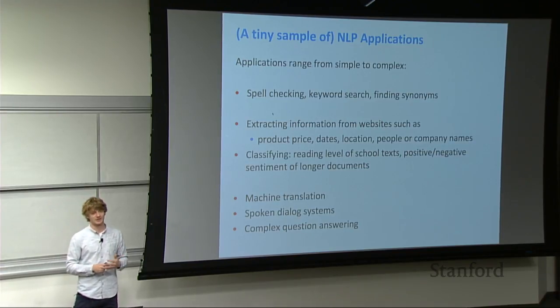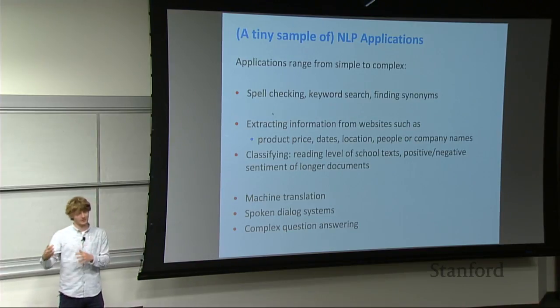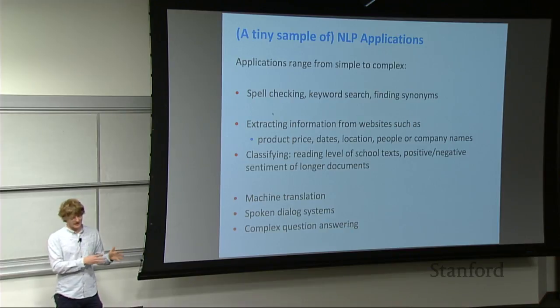So machine translation is a really great test bed for both deep learning systems as well as for generally thinking about NLP. As a field, we have made a lot of progress thanks to deep learning in machine translation systems.